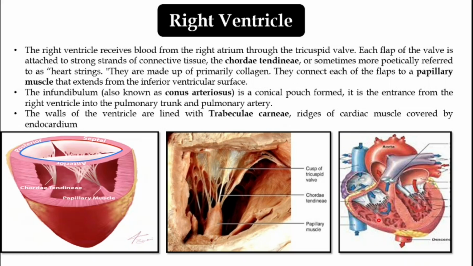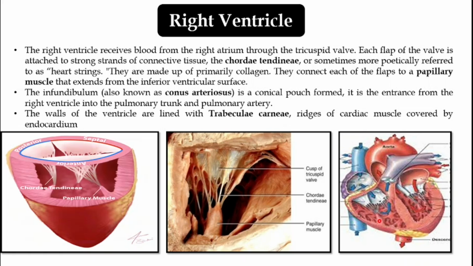You know that when the blood from the atrium comes into the right ventricle, the valves remain open, so that the blood can easily flow from the right atrium into the right ventricle. But when the right ventricle contracts, it has to propel the blood from the right ventricle into the pulmonary artery. When the ventricle contracts, it contracts inwardly.